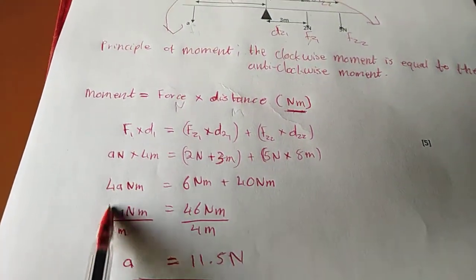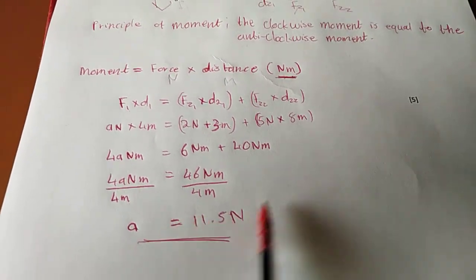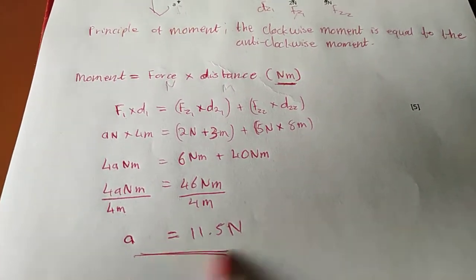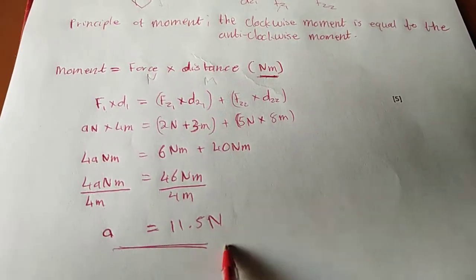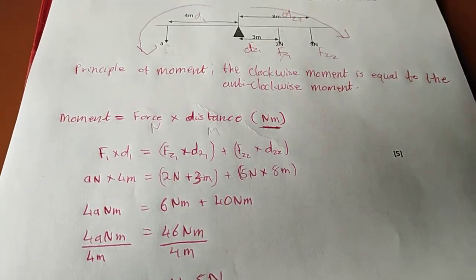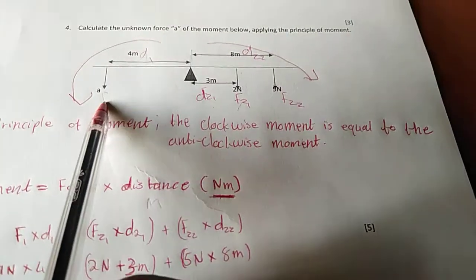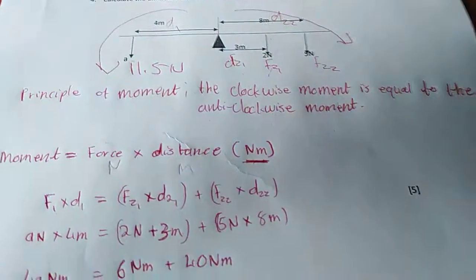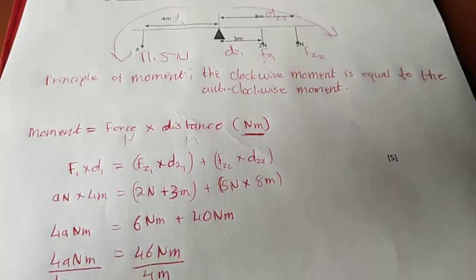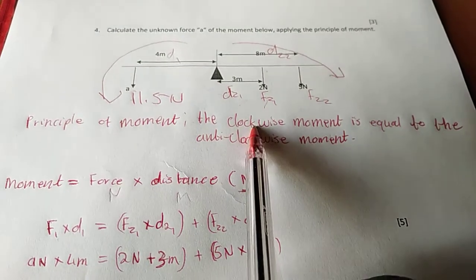Then you divide by 4 meters on both sides, and you get A equals 11.5 Newton, which means that the force that we need to balance this ruler is 11.5 Newton.